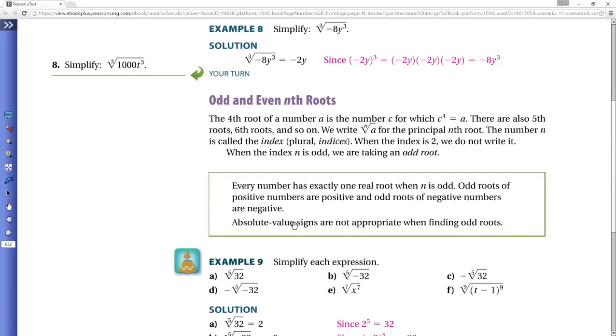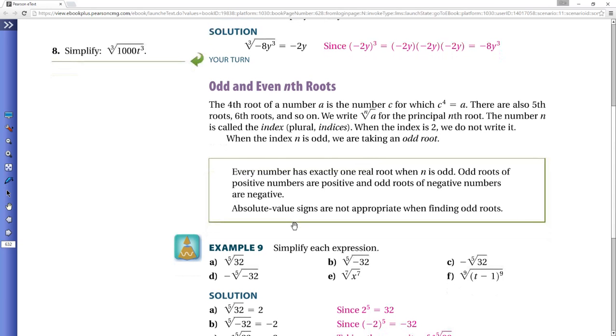Now let's look at odd and even nth roots. The fourth root of a number is a number c for which c to the fourth is a. The fifth root and sixth roots and so on, we write with that radical symbol with the n there, where we used to have the 3.